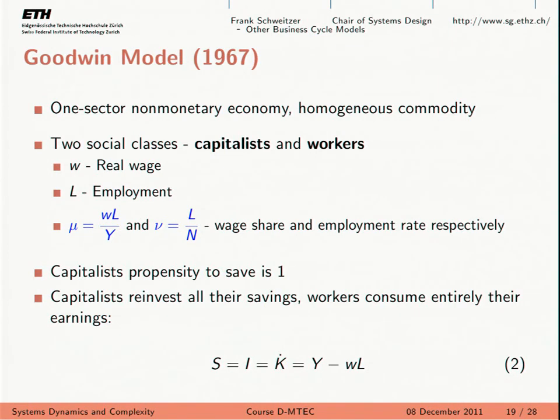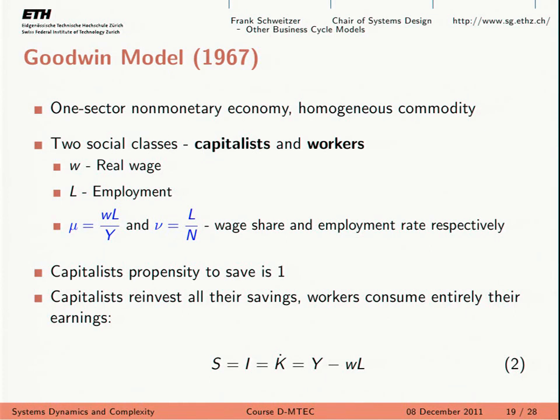So all the profits are reinvested back into the economy. This is what it means, propensity to save is 1. Basically, they always save everything, and in turn, everything is invested. By extension, consumers consume everything. So the consumers consume entirely their income.